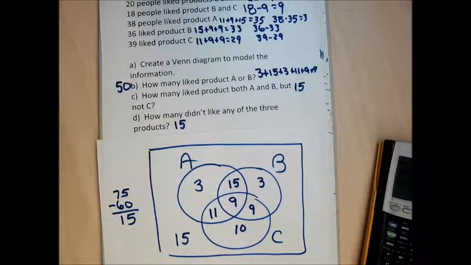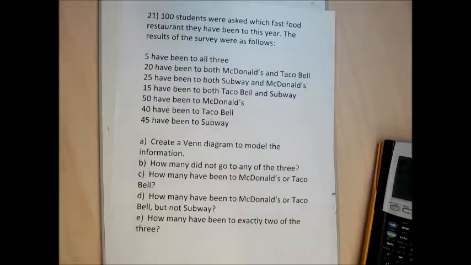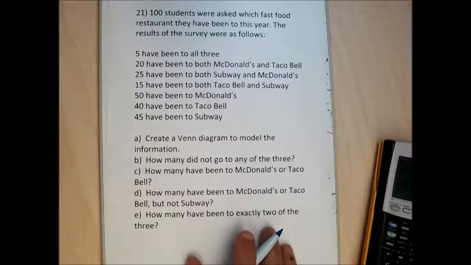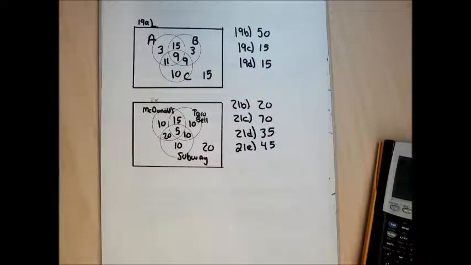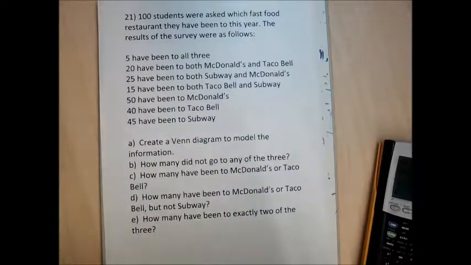All right, so how about one more for me, one more for you? For you, problem 21. If you can do problem 21 without me doing the next problem, you can be done with the video. Here's your problem 21. There's the Venn diagram and the answers to problem 21. If you can get that done, then don't watch me do problem 20.